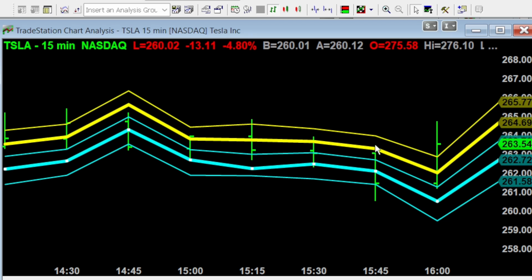Even though it slightly increased above this yellow trend line, it will still continue to drop, even down to this bottom blue trend line. In this price range, from $263 it dropped down to $261, that's an additional $2 of difference.